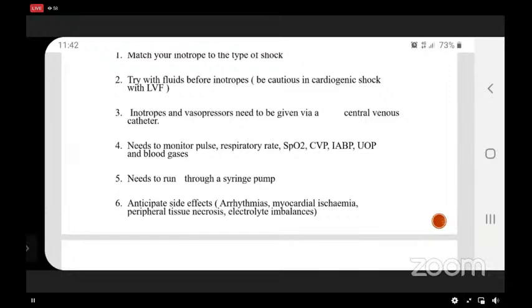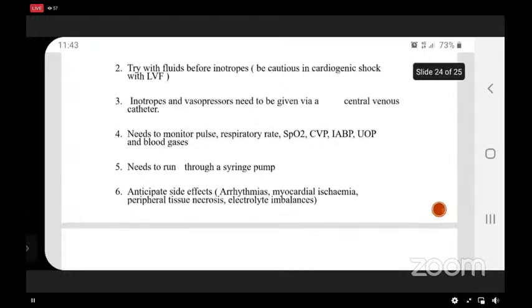So when you are starting an inotrope or vasopressors, you have to have a multipara monitor. You have to continuously monitor the patient, the respiratory rate, saturation, CVP, and intra-arterial blood pressure with the arterial line, and urine output and blood gases.